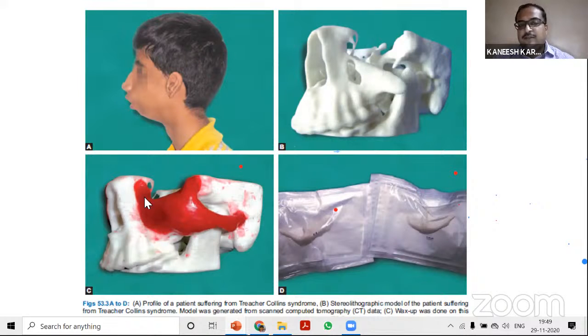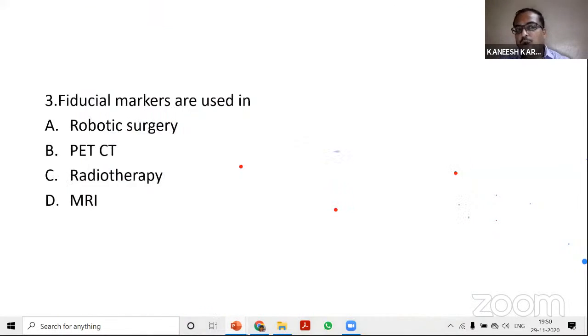Say, for example, we have to do augmentation or reduction, we can plan accordingly. This is called a stereolithographic model. This is used in orthodontic surgeries, implants, ankylosis, augmentation surgeries, a lot of surgeries. What are fiducial markers?